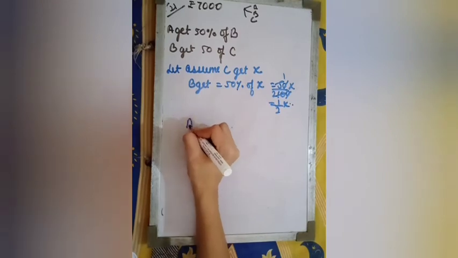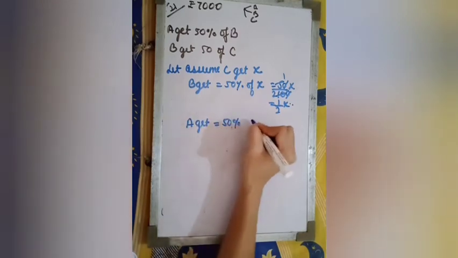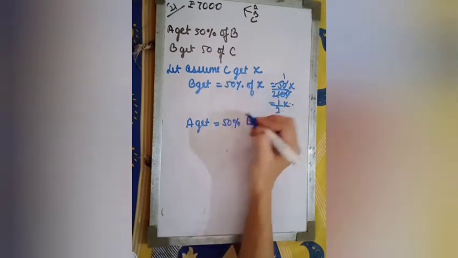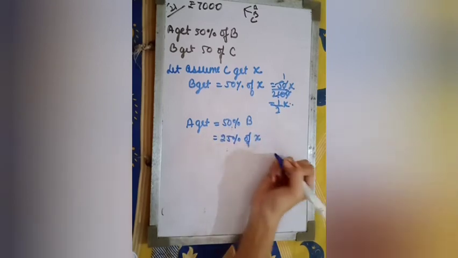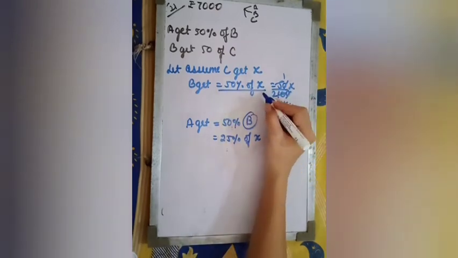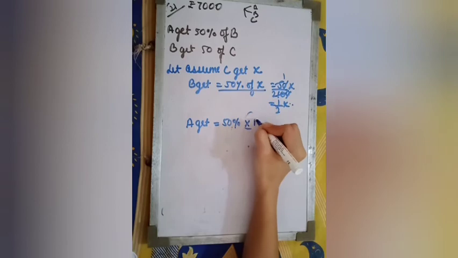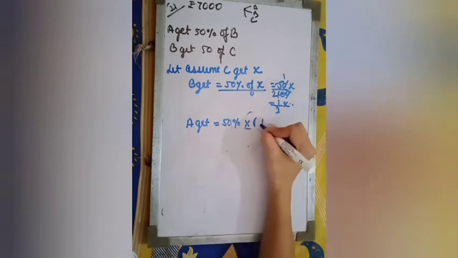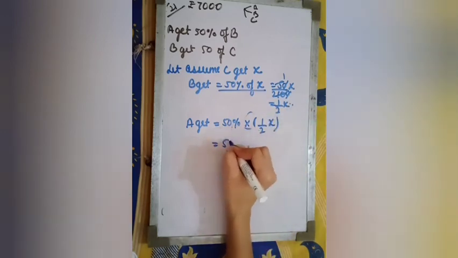And A get 50% of B. और B खुद क्या है? X का 50% है. So it will be 25% of X. See, b क्या था, b खुद 50% था x का. Now you can see it like this, into b कितना है 50% of, और b is 1/2 of x. This is the b. Now solve it.